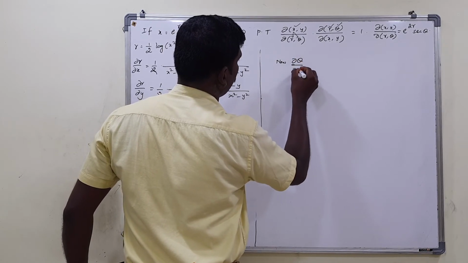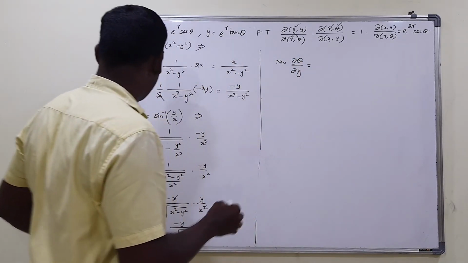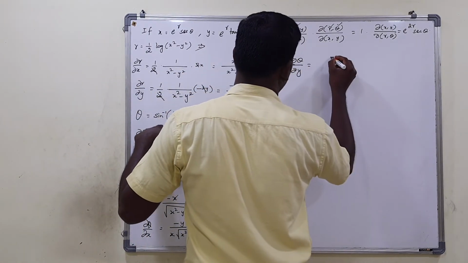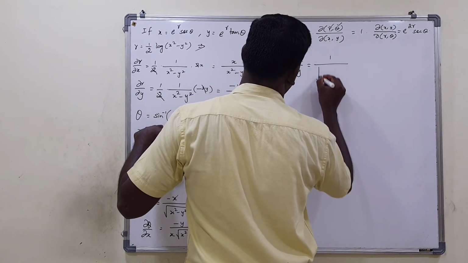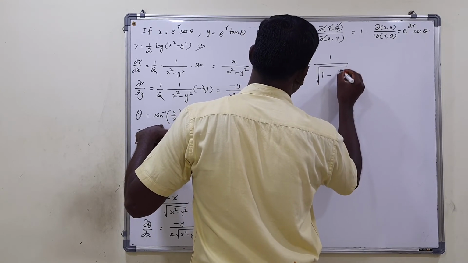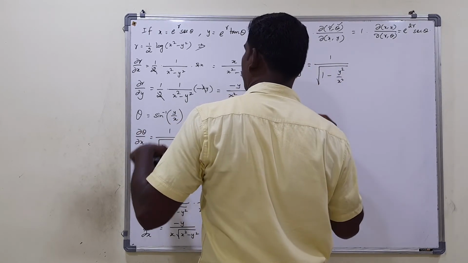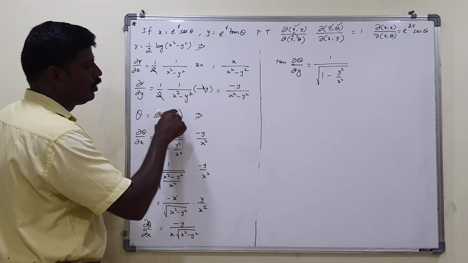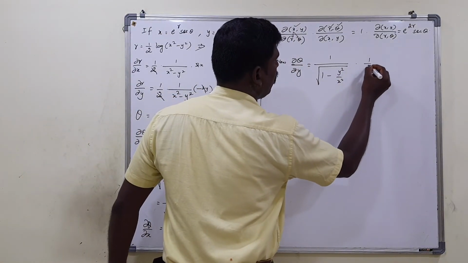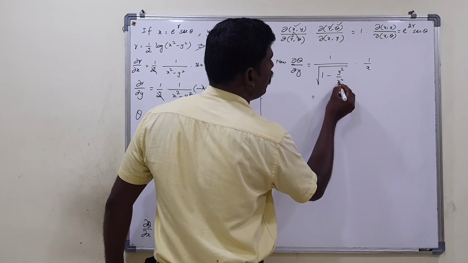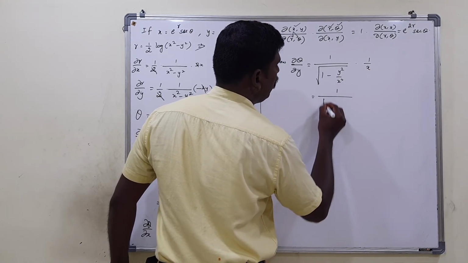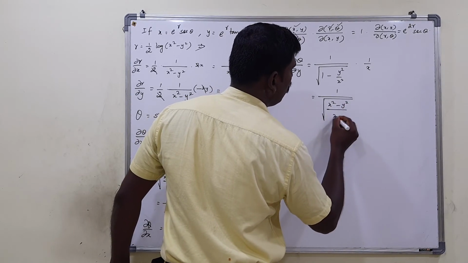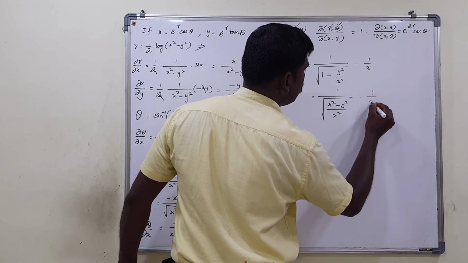Now dou theta by dou y is equal to, what is theta? Sin inverse, so it is in the form of sin inverse. So 1 by root of 1 minus y by x the whole square, that is y square by x square, into what is the derivative of y? 1. So it is 1 by x. As usual, taking LCM, 1 by root of x square minus y square by x square into 1 by x, isn't it?